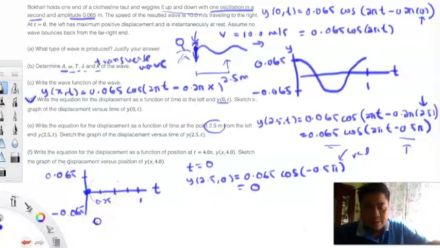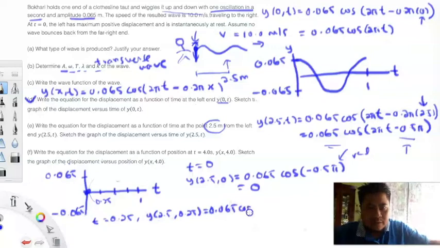So at t equal to 0.25, you have y at 2.5, 0.25 equal to 0.065 cos(2 pi times 0.25 minus 0.5 pi). Okay, so if you evaluate the phase inside the bracket, you will have this equal to 0.065.